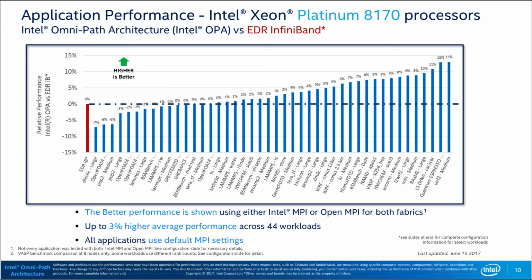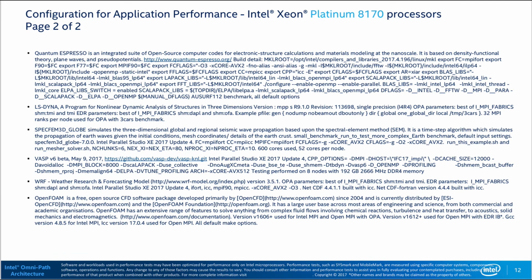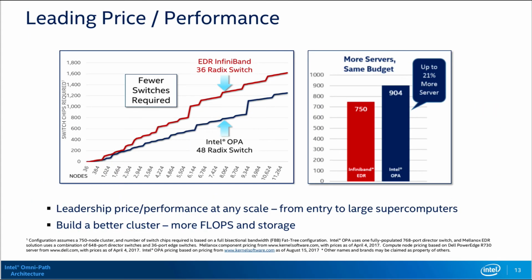Moving on to slide 11, we give you the full details about everything that was run. Slide 12 also shows that. Moving on to slide 13, where OmniPath does show clear leadership is on its price performance, where we've positioned OmniPath on a price per port, as well as leveraging that increased radix for our switches, 48 ports versus 36 ports for InfiniBand.